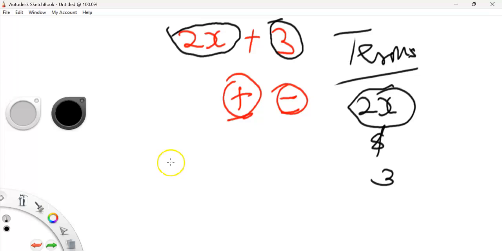The higher the number of terms is what determines the type of algebraic expression that is there. There are different types of algebraic expressions: monomials, binomials, trinomials, and so on and so forth.